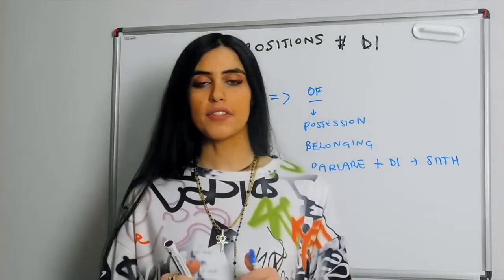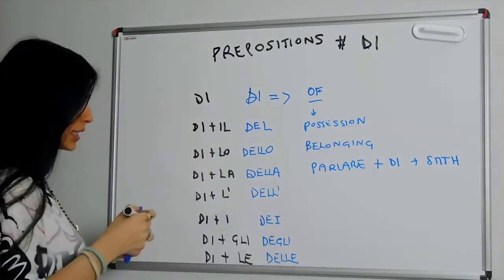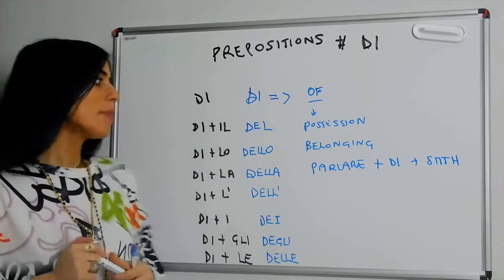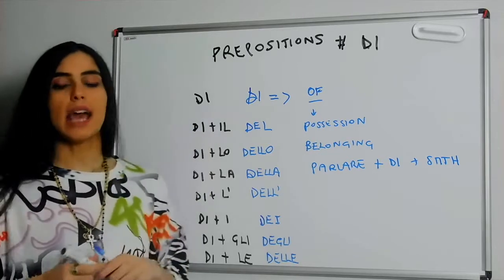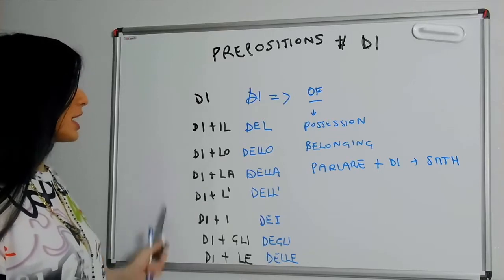Now, there is a difference to be made between di on its own and the combined versions for di, because in reality di, as any other preposition, can combine with the article and so generate this.